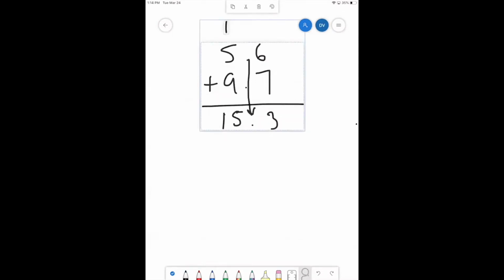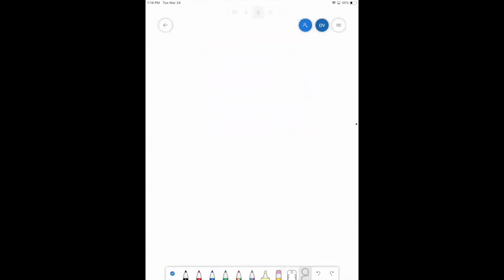Subtraction is basically the same thing. Again, we can do 5.6. And this time we're going to subtract 4.7. Again, we could bring down our decimal first if we wanted to.